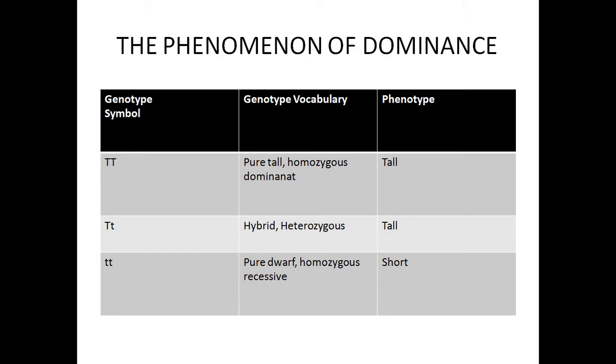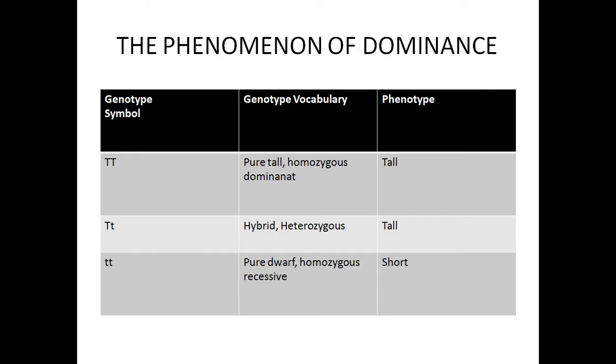One of the alleles is capital T and the other allele is another capital T. Coming to the phenomenon of dominance, when 2 homozygous individuals with different characters are crossed, the characters that appear in the F1 generation are called dominant characters.